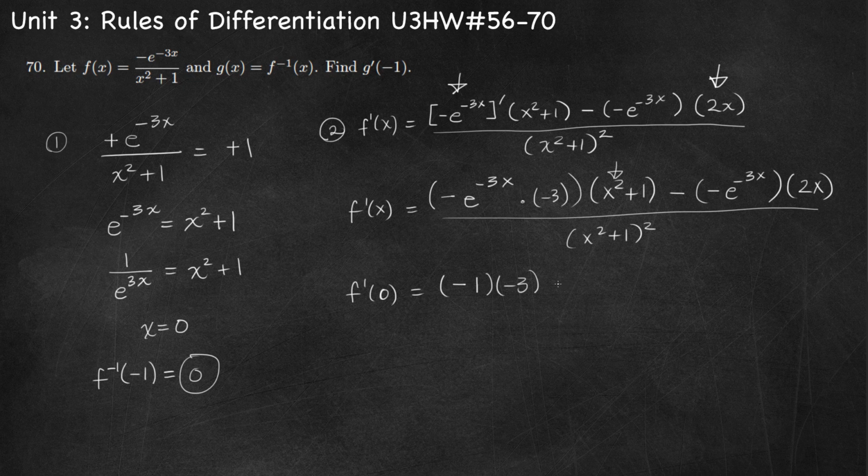Okay, and then minus negative e to the power 0 is 1, so negative 1, times 2 times 0 is 0, and negative 1 times 0 is 0, so this all just drops out, over 0 plus 1 is 1, squared is 1. So I just get 3. And then step 3, we take the reciprocal, so my final answer is 1/3.